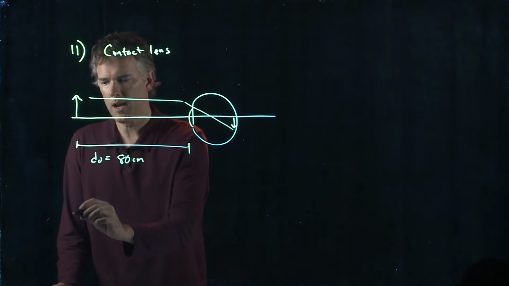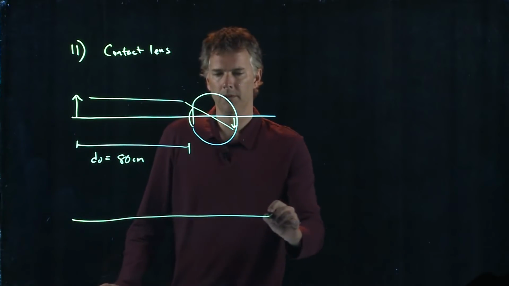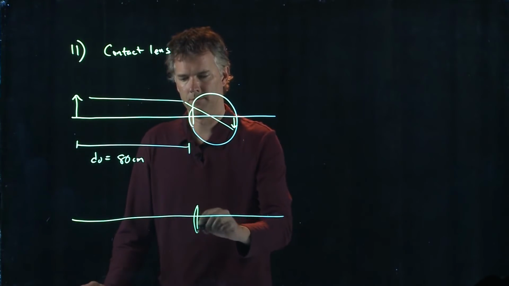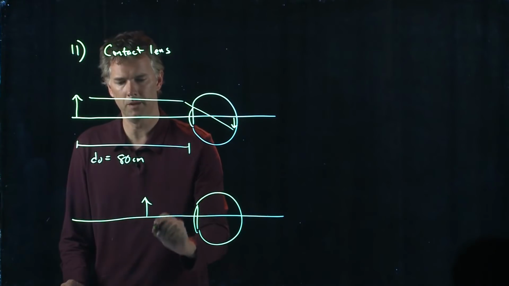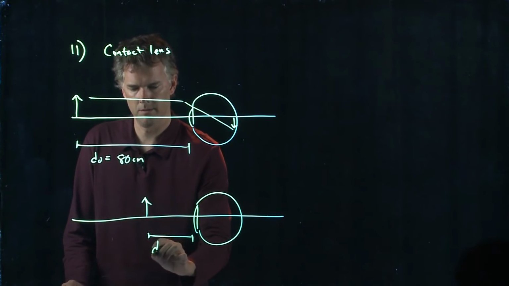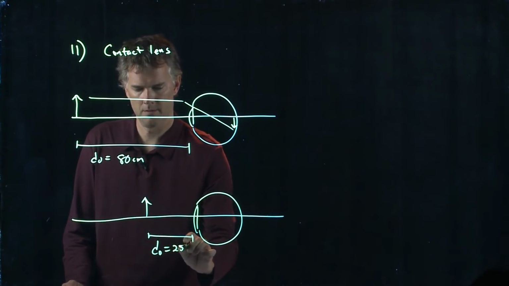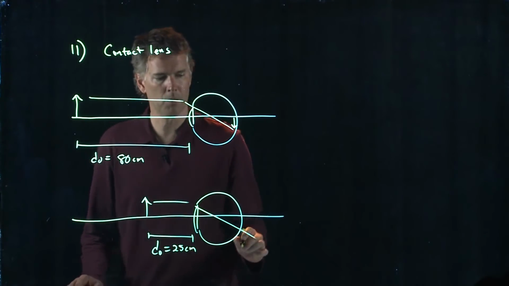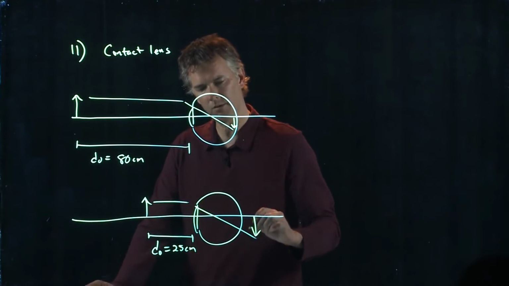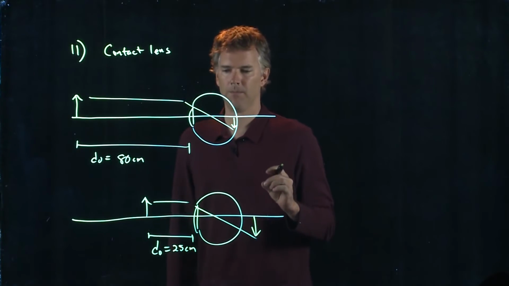But when that object comes in a lot closer to 25 centimeters, now she can't focus it on her retina anymore. It, in fact, is going to focus behind her eyeball.